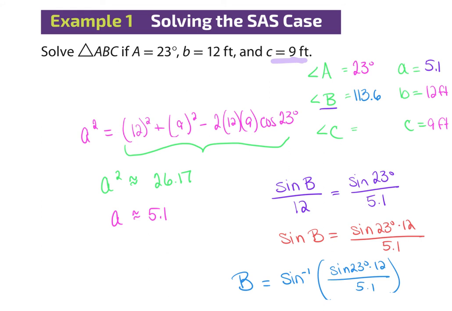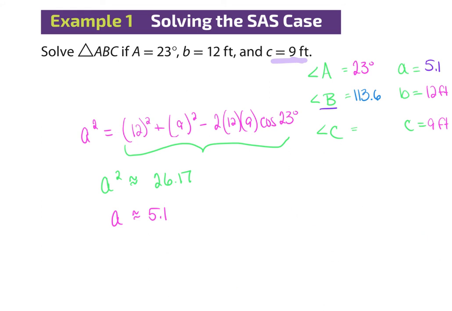So I'm going to delete this. We will do the smaller of the two because we don't know. And we'll solve for C first. And then we're going to back into B using 180. So we're going to do C first because it's the smaller and we don't know if we have an obtuse angle at this point. So we're going to say the sine of C, which is what we're solving for, over 9 equals the sine of A over 5.1.